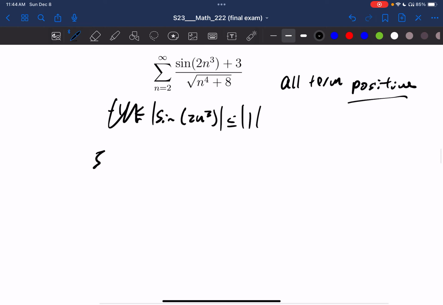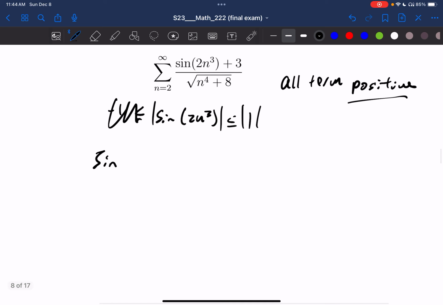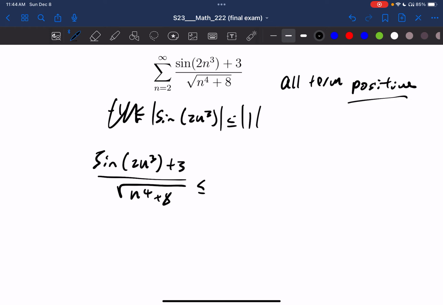Based on this, we can use a direct comparison here. If we say sine of 2n to the 3rd power plus 3, all divided by n to the 4th power plus 8, this will be less than or equal to, replacing this part with 1, we're going to get 4 on top, divided by n to the 4th power plus 8. Actually, wait.